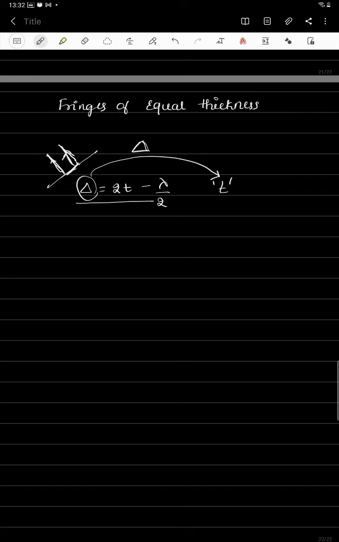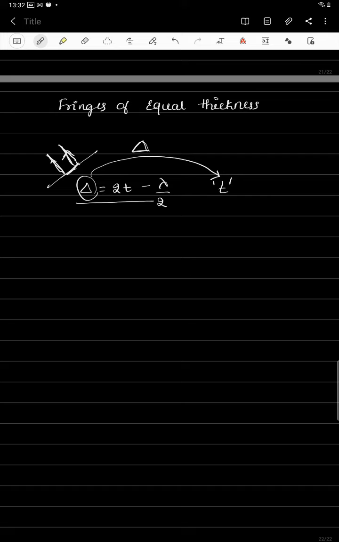The reflected light will have minimum intensity for those thicknesses for which the path difference is equal to m lambda. Then maximum intensity is obtained for those thicknesses for which the path difference is equal to (2m plus 1) lambda by 2.